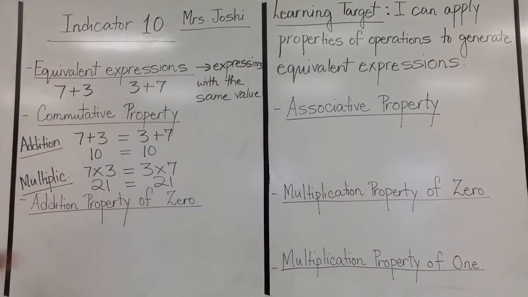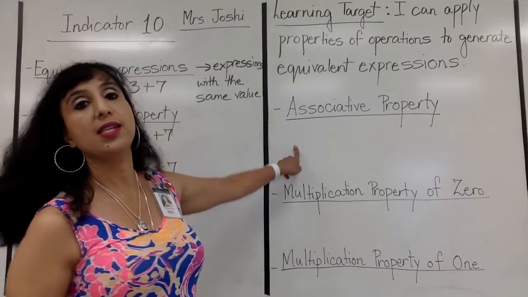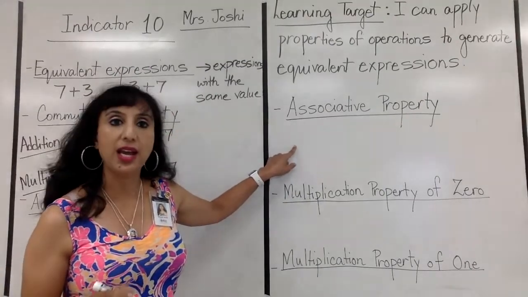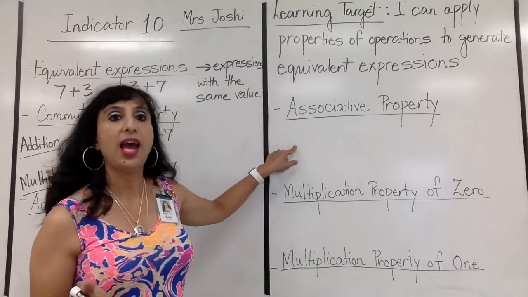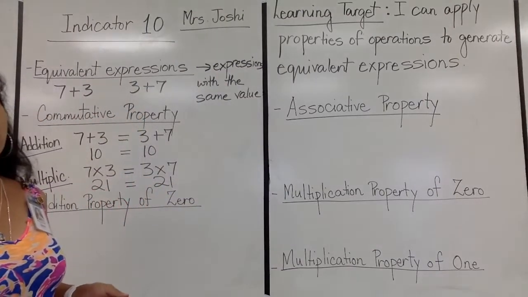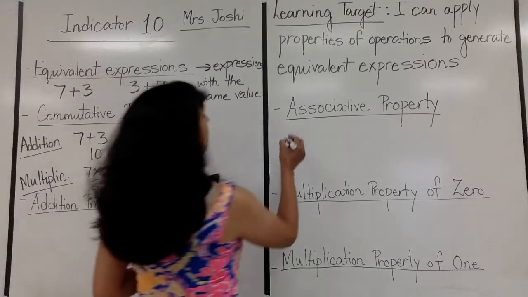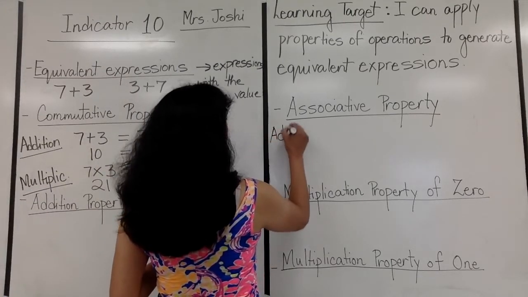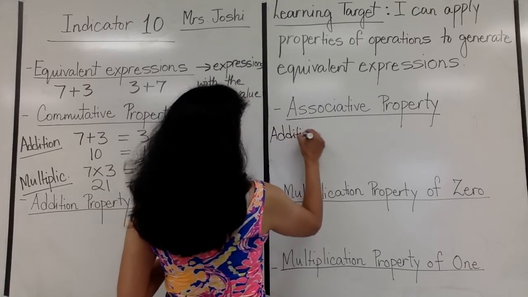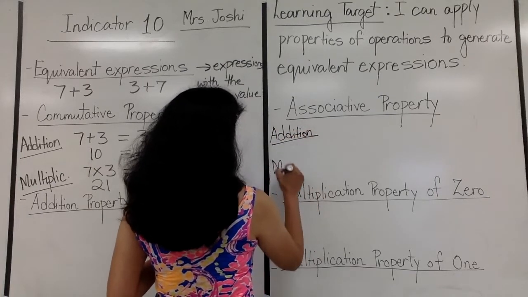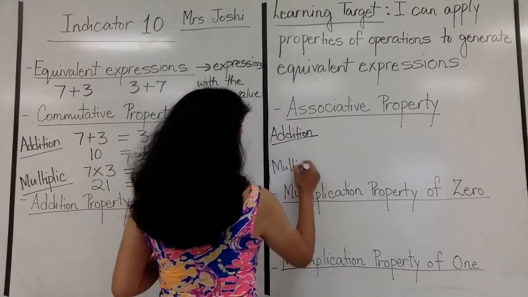The next one I want to go over here is the associative property. Again, this is for addition and this is for your multiplication. And it's saying changing the group of addends or factors does not change the sum or product. So let's say for addition, this is again for addition, or it is for multiplication.